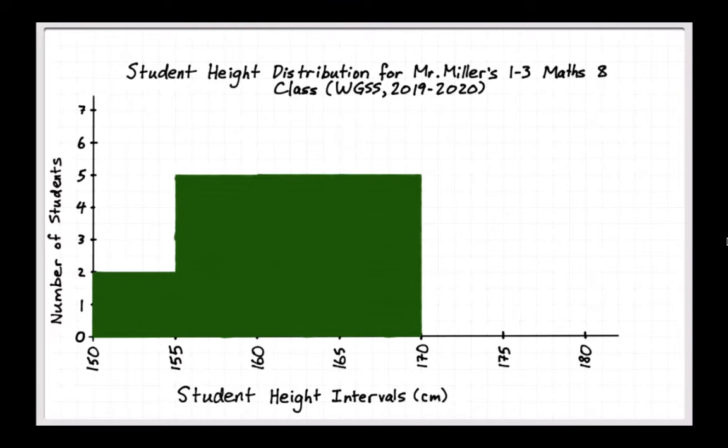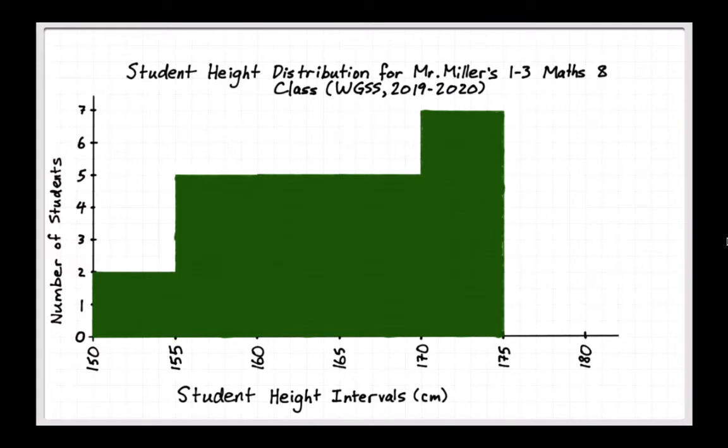In the 170 to 175 height interval, there were 7. And finally, for the last height interval, we had 2 people that were in that range of heights. So that's how you create a histogram on paper.